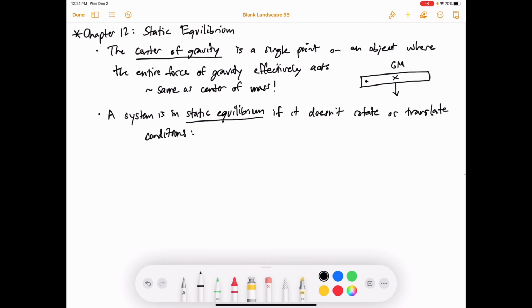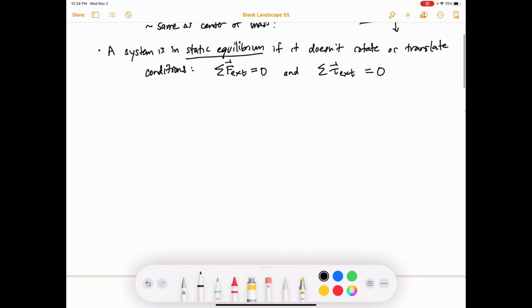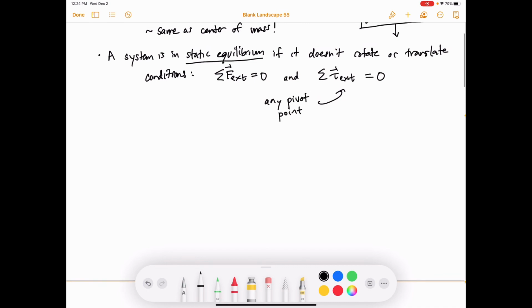Well, the first is, if we take all of the external forces and add them together, they should add to zero. That ensures that there's no translation. And also, if we take all the external torques acting on the system, those should also add to zero. And by the way, for this torque condition, we can use any pivot point that we want, and it will still hold true.